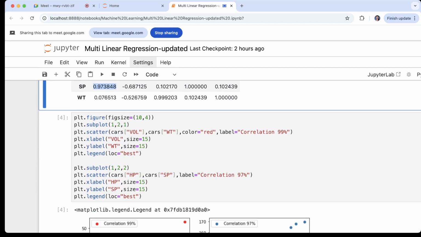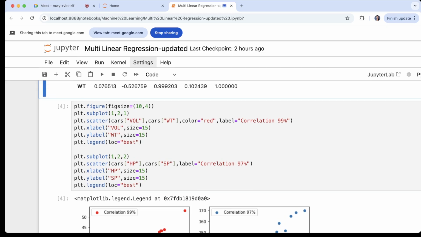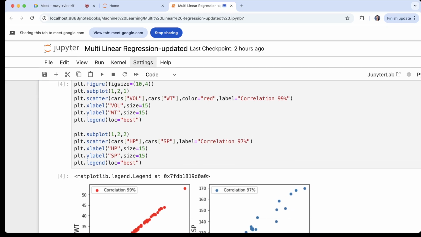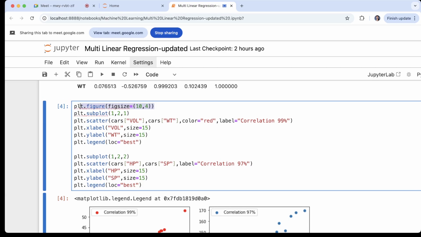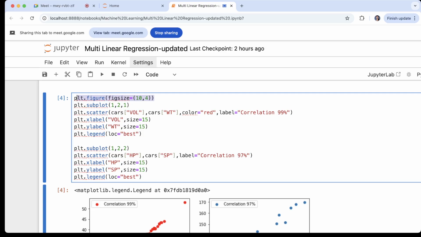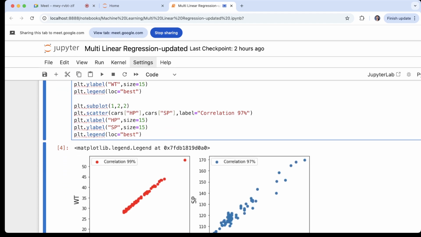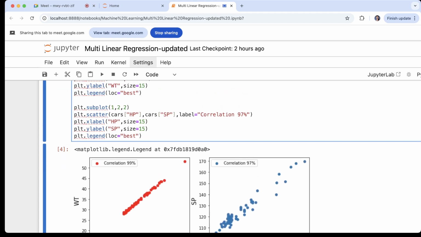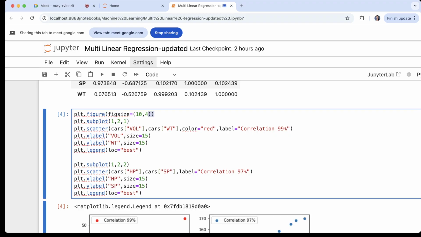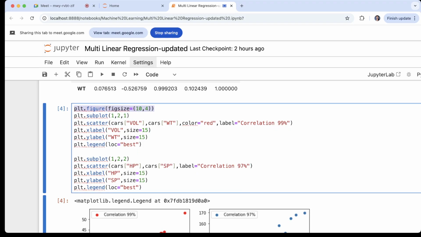So now what we will do is plot those values first. I'm setting the figure size as 10 comma 4, so x will be 10 and y will be 4. That will be my figure size. Then I will be using subplot.